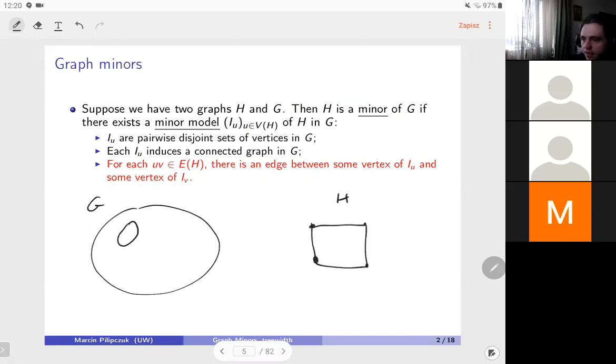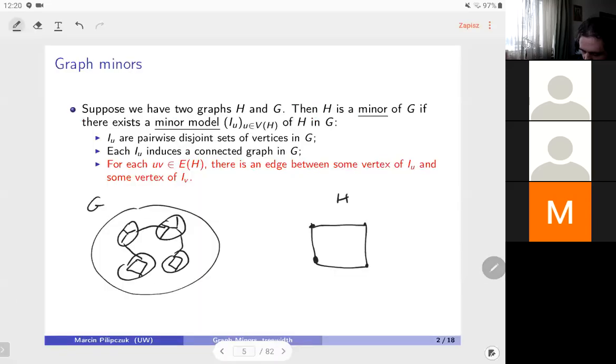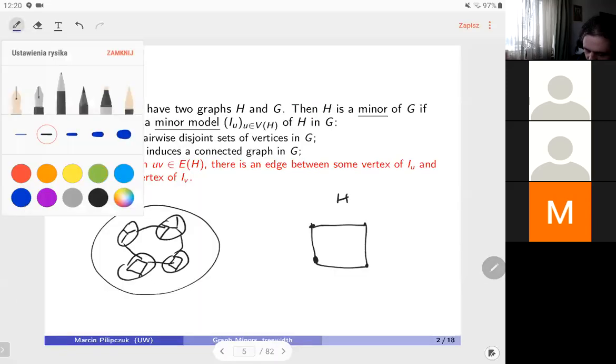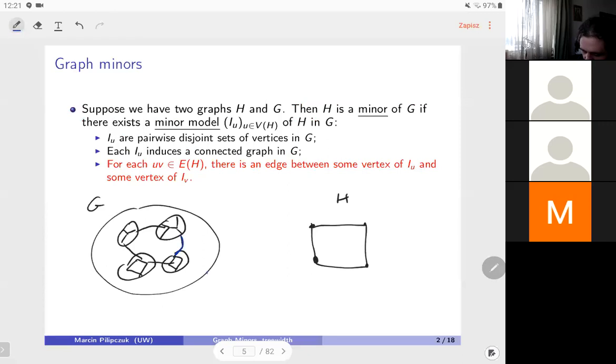The minor model of H inside G will be four disjoint connected sets, with additional edges between these sets that make this four cycle. They're usually called branch sets.